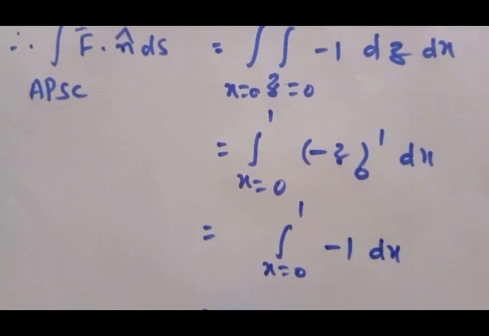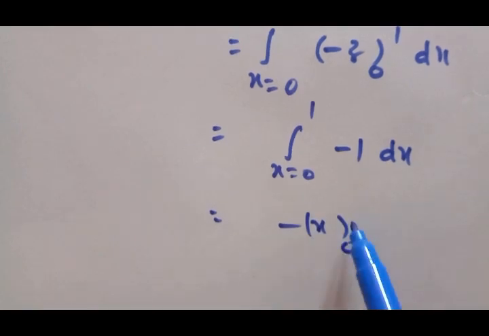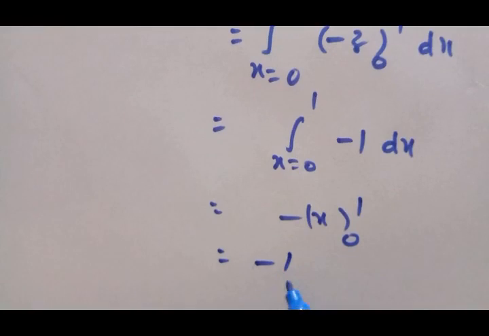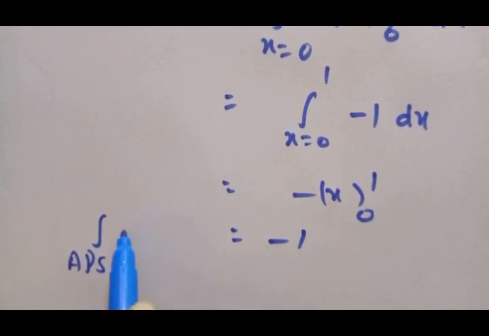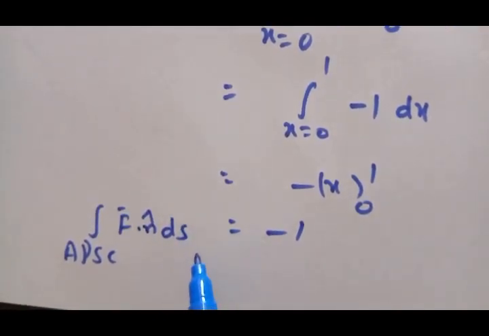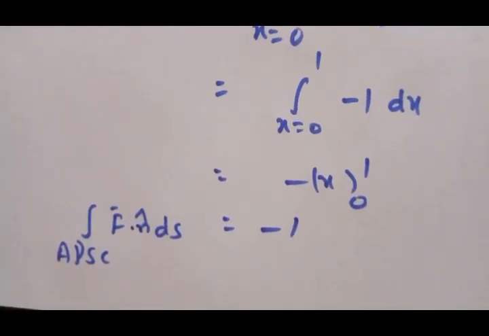Therefore this is equal to minus x, limits 0 to 1. Therefore upper limit 1 minus lower limit. This is the integral over APSC of f bar dot n cap ds. Say this is equation number 6.